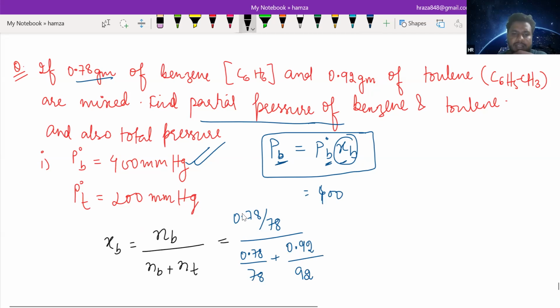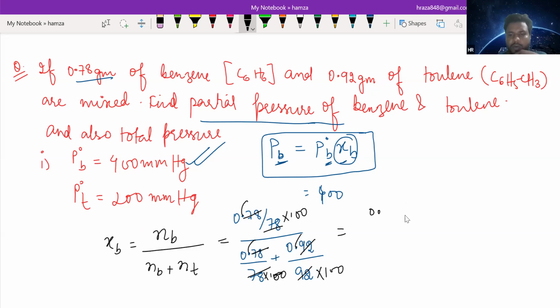Now you can easily cancel it. If you remove the decimal, it will be 100 multiplied by 100 and 78 cancel. Again, removing this decimal, it will be divided by 100 and this will be cancelled. What we got is 1 by 100, that means 0.01.